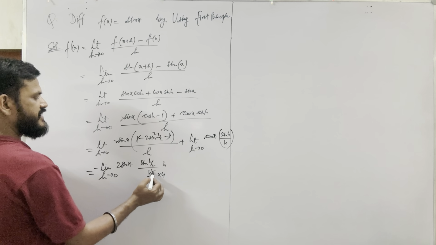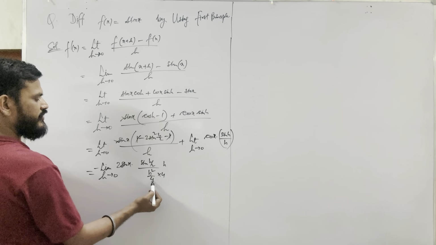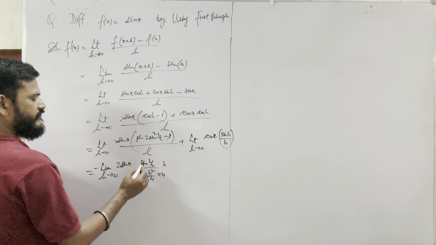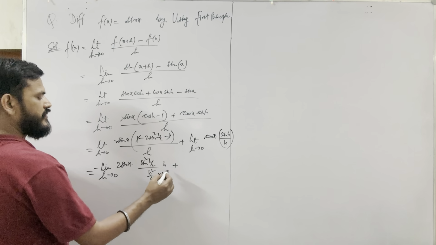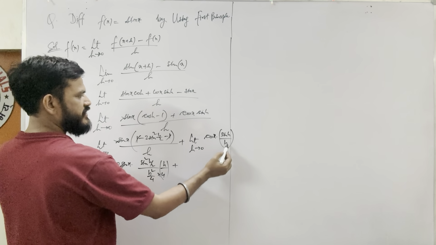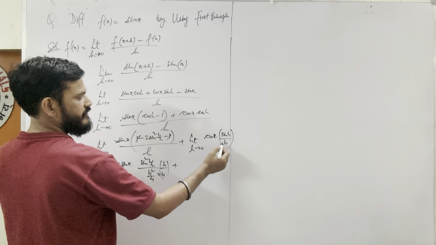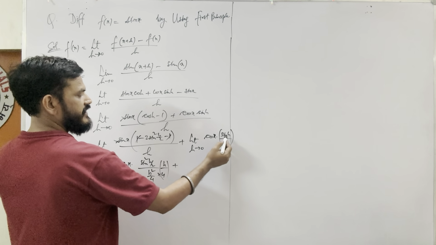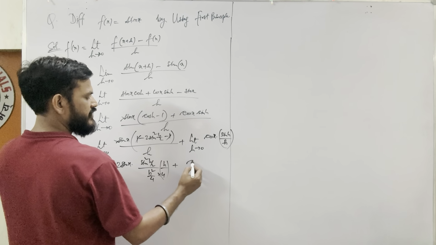So you see h gets cancelled, you get single h, 4 gets cancelled, so this is square. Now here sin h by h, as I reminded last time, sine of x by x is 1, so this becomes 1, you get cos x.